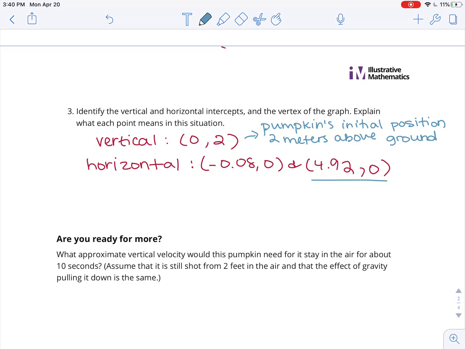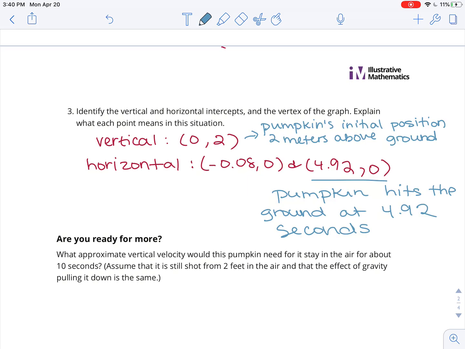And the positive intercept, in this case, tells us that the pumpkin hit the ground about 4.92 seconds after it was launched. Again, in this case, we could say that the negative intercept is meaningless. It doesn't have any value for us in this given situation.